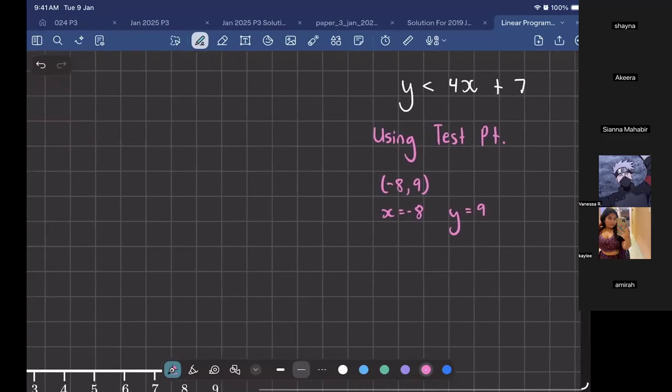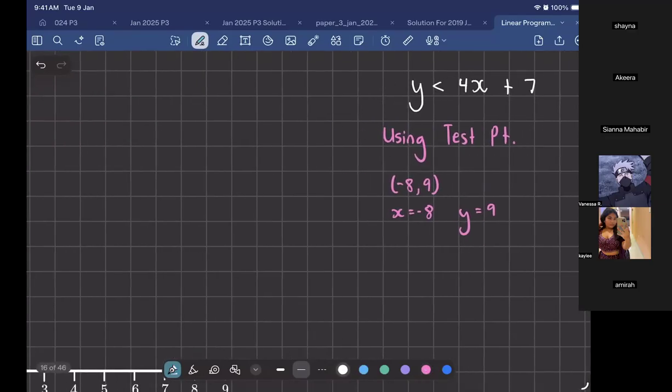I want you to plug the x value and the y value into this and leave out the sign. We'll put in the sign when we're done. So, Vanessa, according to the point you selected, what is x and what is y? X is minus 8 and y is 9.